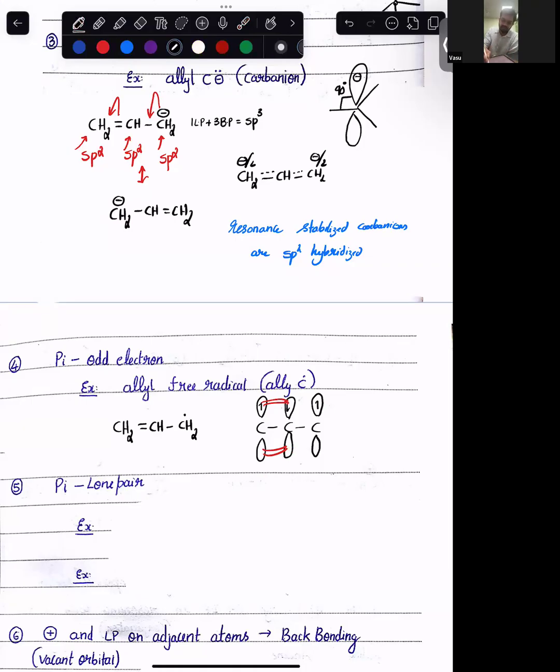You have something like this. Again, you have the same thing, but now you are showing the overlap between these two, which is nothing but this structure. C bond, double bond C, the free radical is here. Initially C bond, the free radical is here.